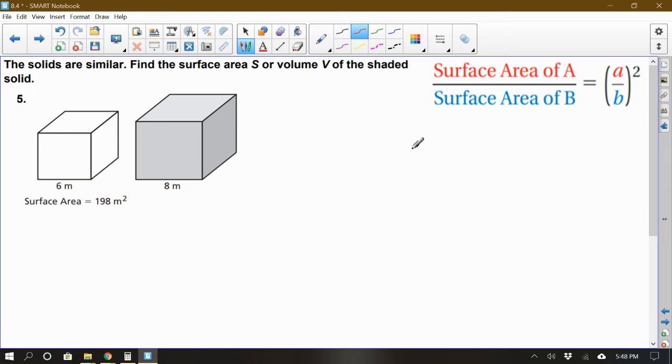Here we go. So I brought that formula over. I didn't want to forget it. Let's get to work. So we're supposed to find the surface area of the shaded solid. Okay, so we don't know the surface area of this one yet. Well, let's try to set up this proportion. The surface area of the first one, that's 198, over the surface area of the other one.